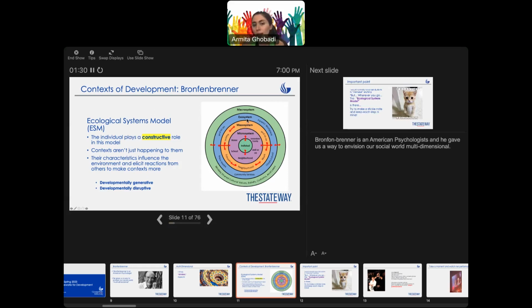Another layer is the exosystem. The exosystem is like mass media, community service, the whole education in your school. For example, there's the parents' workplace. I know that some of you got confused about that question about your mom getting fired.